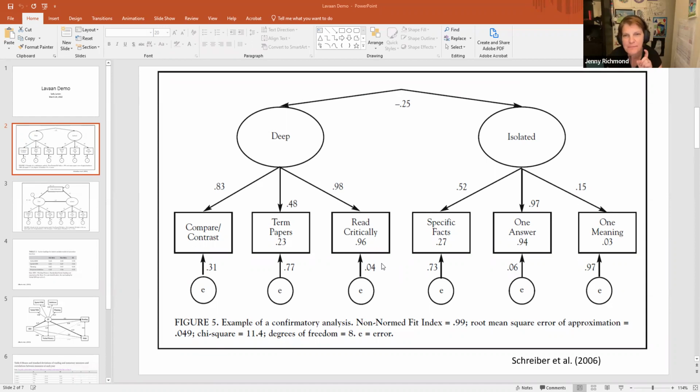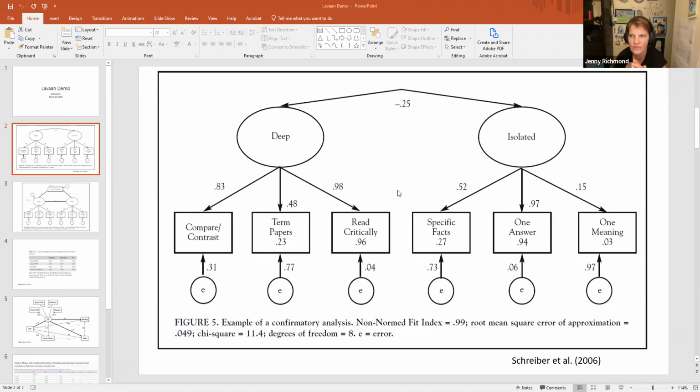And the minus 0.25 relation between deep and isolated in this case tells you that those are capturing separate things, separate variance. Well, they're not totally separate. That's basically like a regression coefficient. So the coefficients between the latent variables are standardized, so you've got a mean of 0 and a standard deviation of 1.